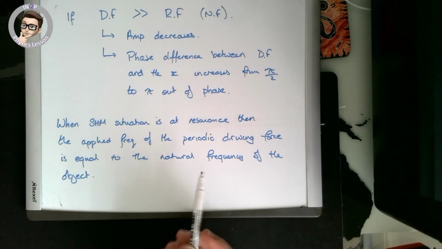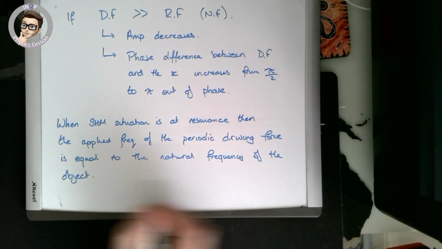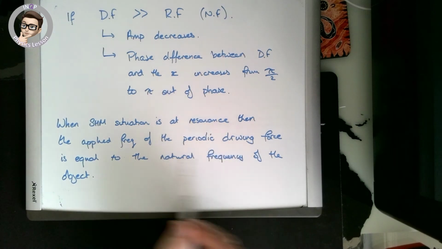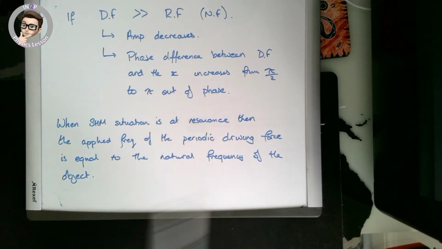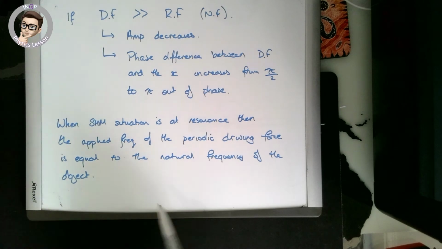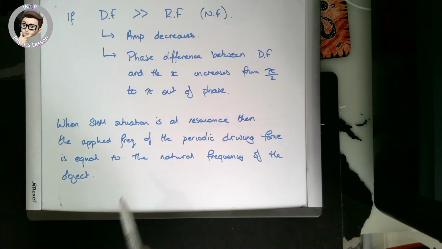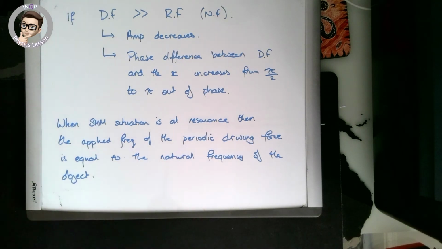So it must be that the applied frequency of this periodic driving force is equal to that natural frequency. If you don't hit that natural frequency, you're not going to get resonance taking place.